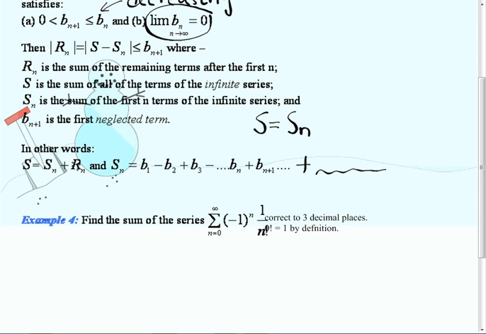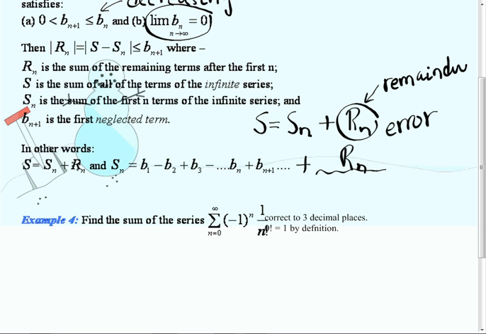They call that the remainder, R sub n. So they might ask you to estimate, they might ask you to find the error. This is the error, because if you take the actual sum minus the sum of the first n terms, maybe the first 100 terms, that's equal to your remainder.